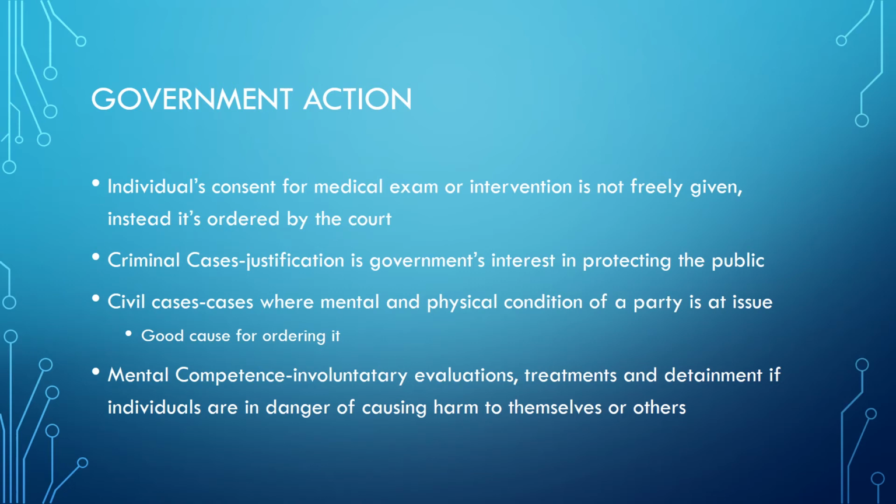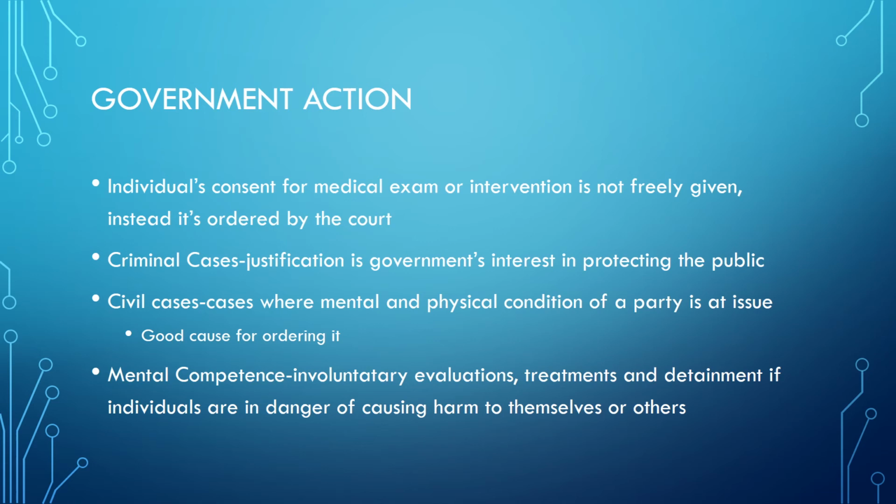Also in mental competence, involuntary evaluations, treatments, and detainments if individuals are in danger of causing harm to themselves or to others. So if they're not mentally competent to consent to medical examinations or interventions, then the government, or the court, would consent for them.